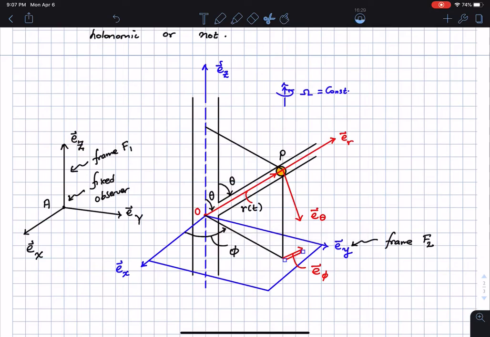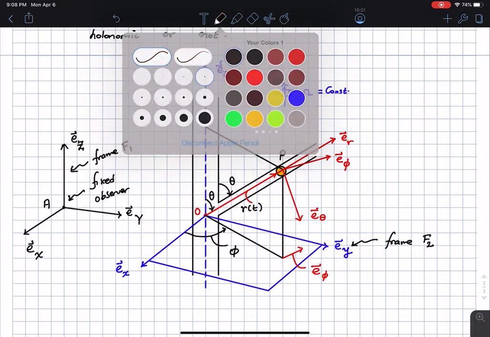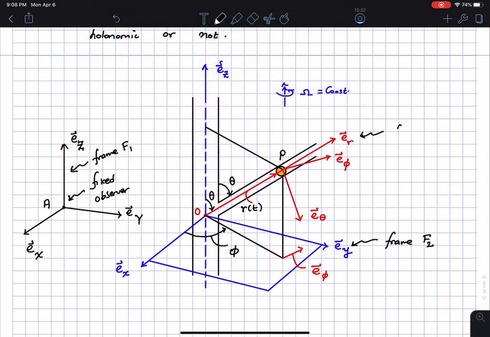Perhaps this is not a good idea. So I'm just going to draw a line that is parallel to that on this frame here. So this is going to be E phi as well. And so here I have another frame. So this is going to be called frame F3.